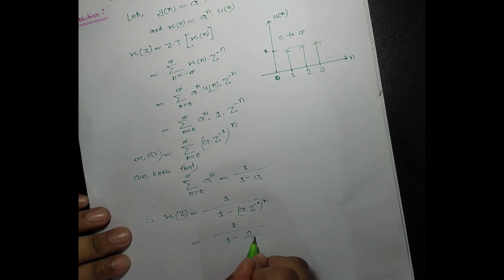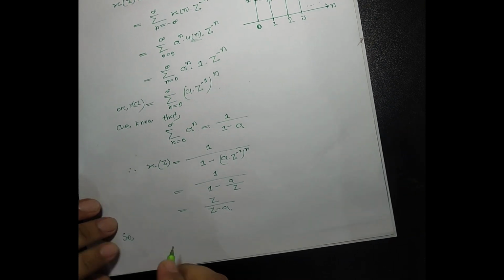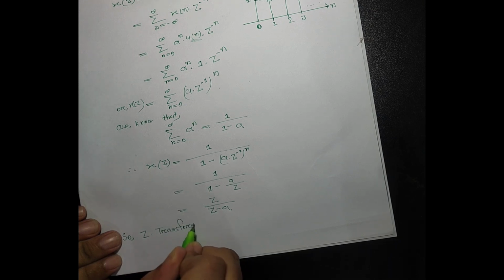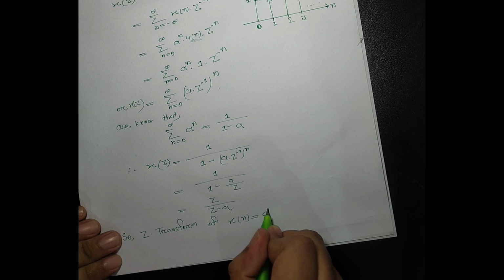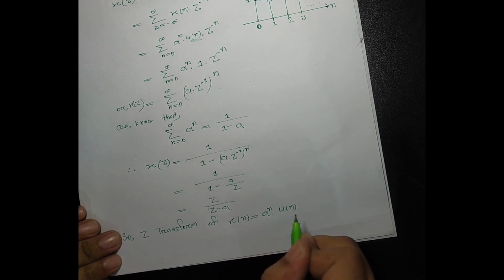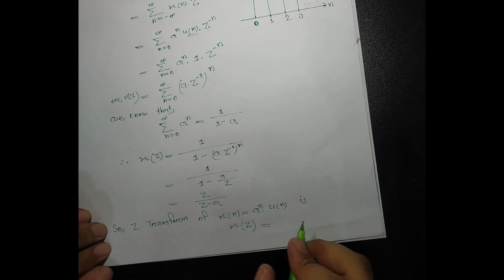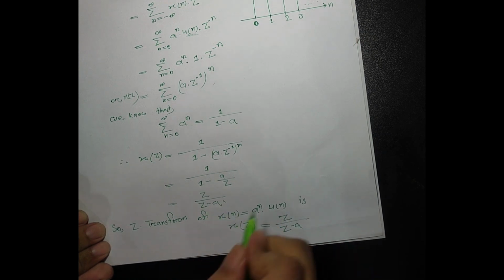One by 1 minus a by z, that means z by z minus a. So Z transform of a to the power n u[n] is X(z) equal to z by z minus a.